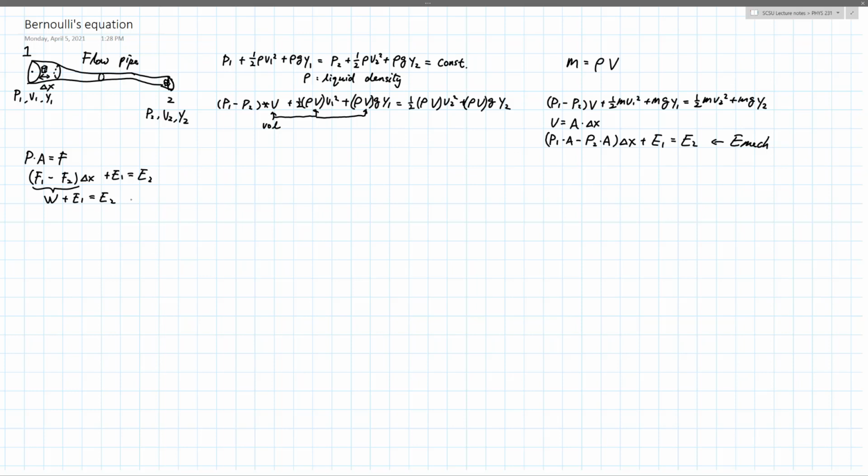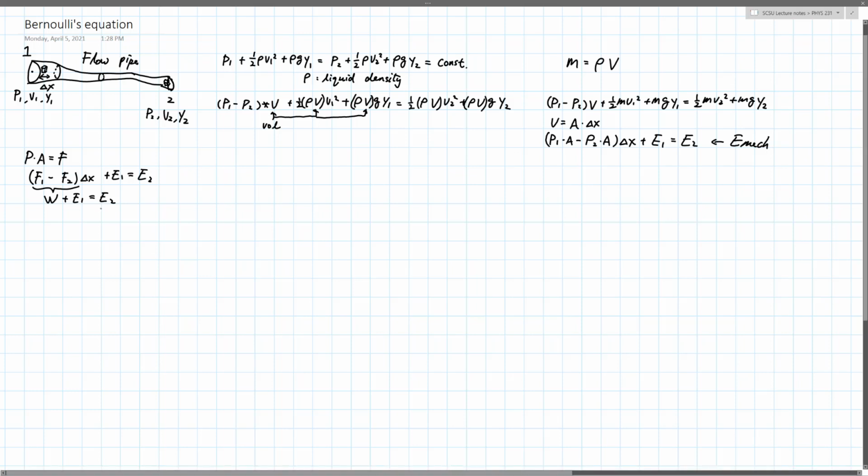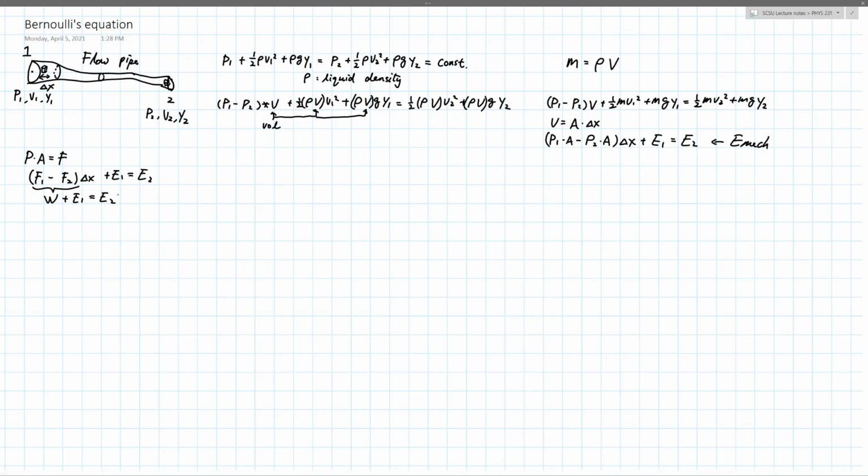That's kind of rotational kinetic energy of fluids. No, there's no such thing, so we don't have to include those in the E1s or E2s. So that's why they start to look just like what we have encountered before, just rigid bodies and translational kinetic energy only. Okay, so that's how the equation looks.